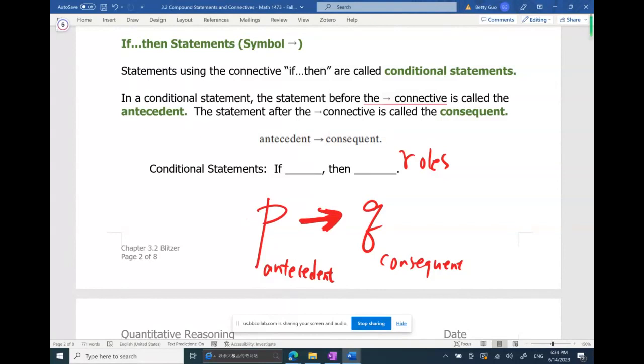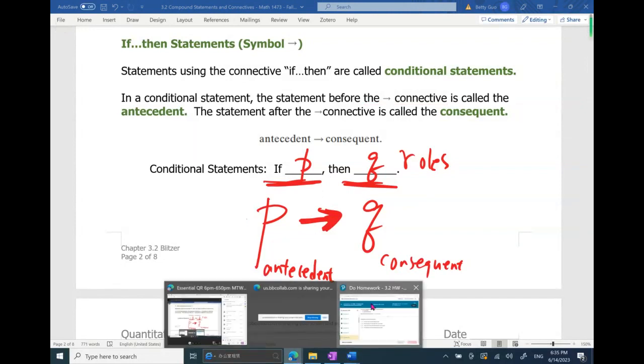It's also called if P, then Q. If P happens, then Q happens. Obviously, Q is the result, and P is the condition, so it's called the antecedent. So when you see this symbol, you are looking at a conditional statement. The part behind if is the antecedent. The part behind then is the consequent. The two components have their names.